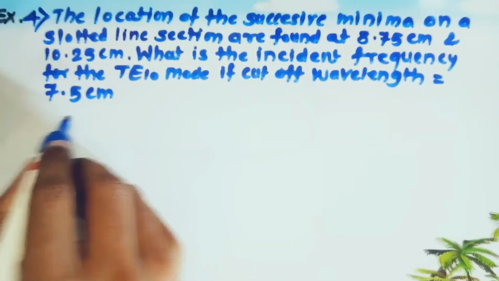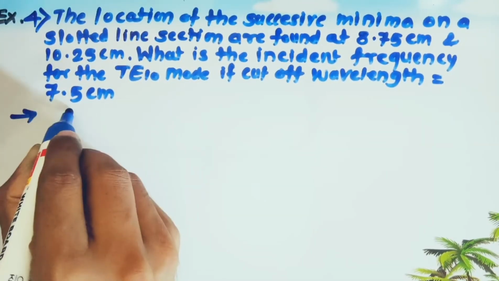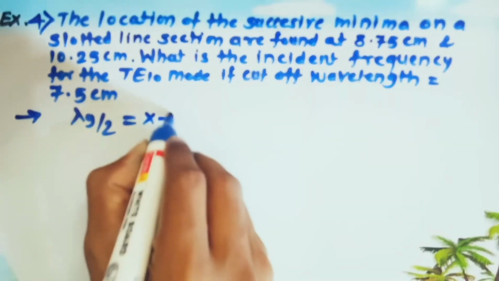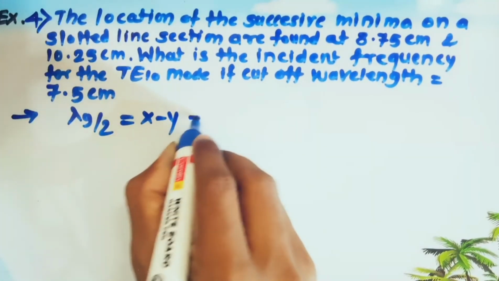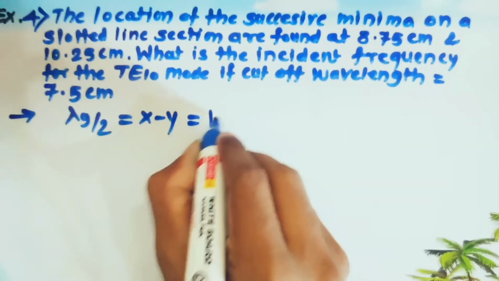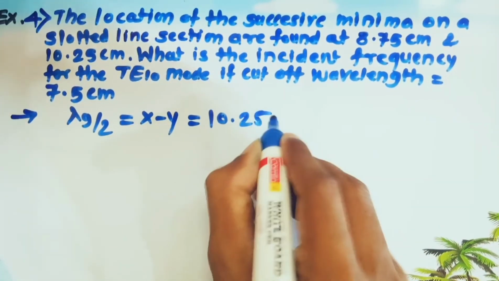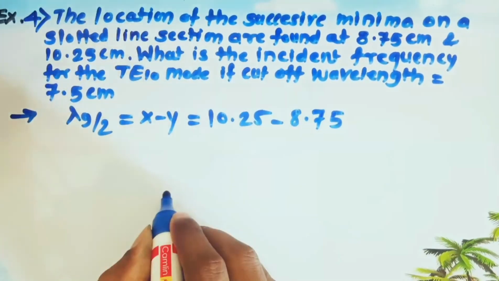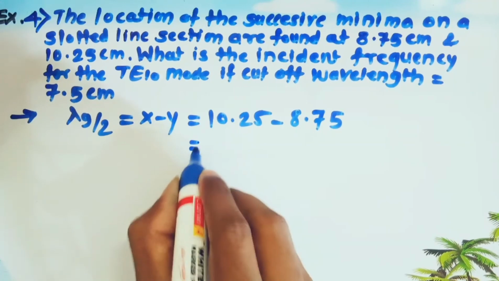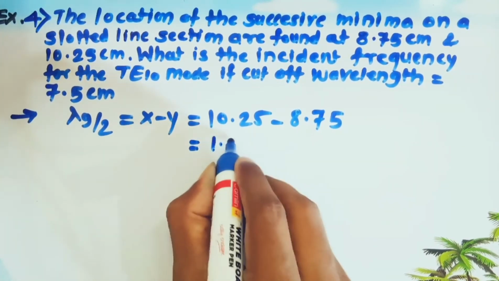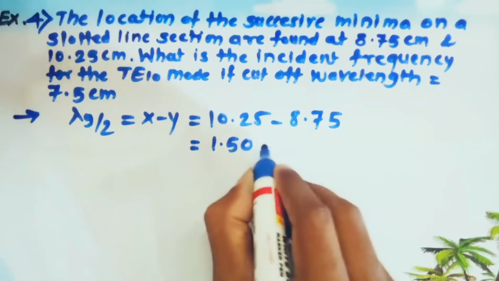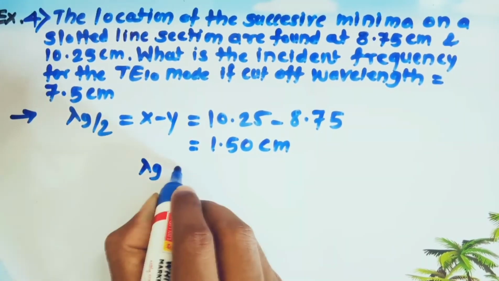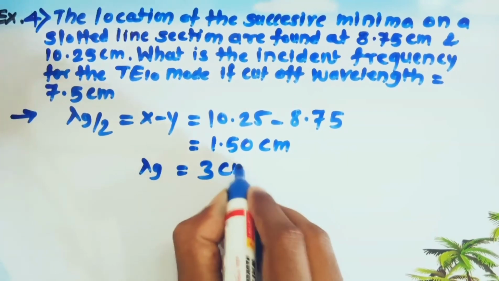So here lambda g by 2 becomes equal to x minus y. So if you put in this value, that is 10.25 minus 8.75, okay, this comes out to be 1.50 centimeter, and therefore lambda g becomes equal to 3 centimeter.